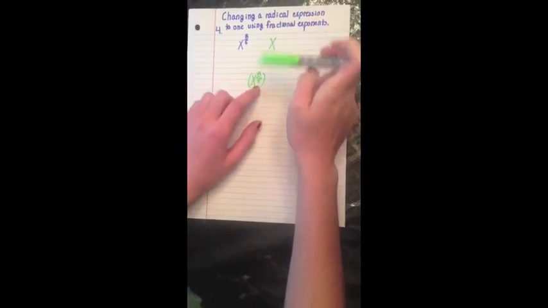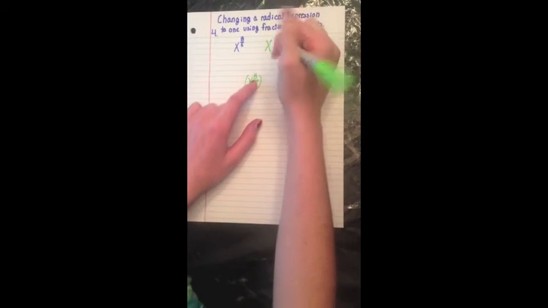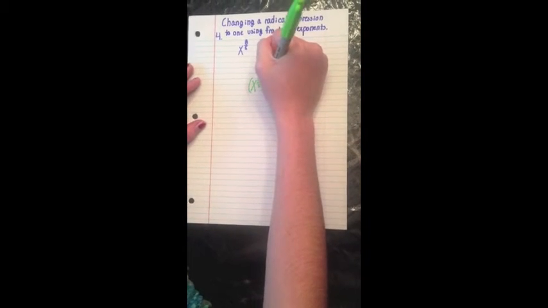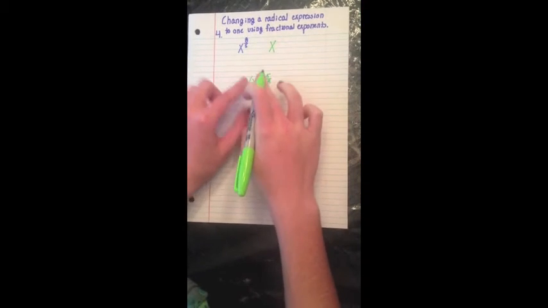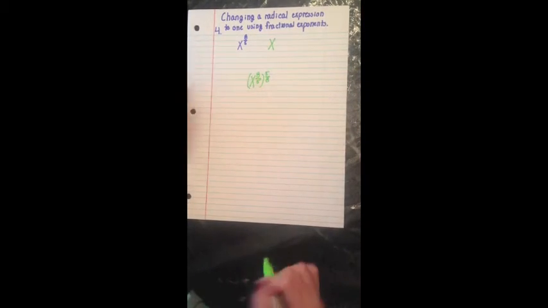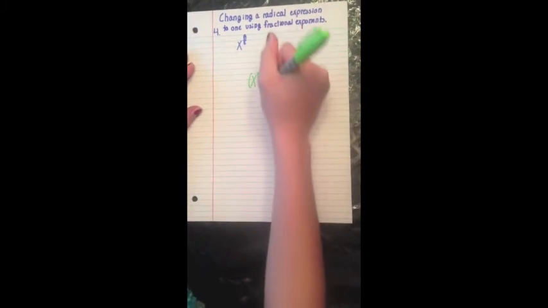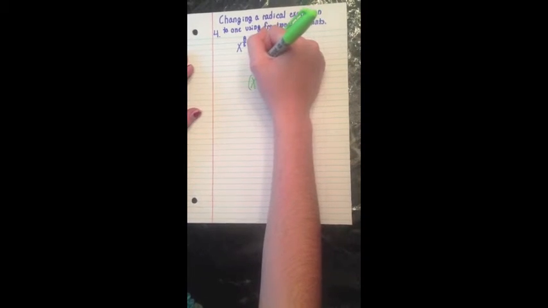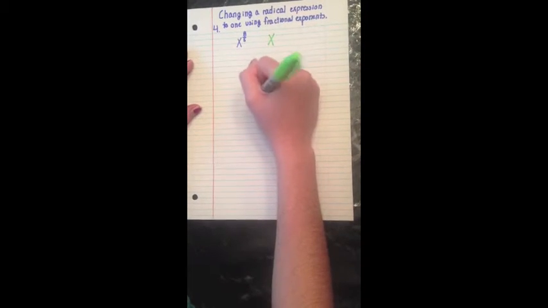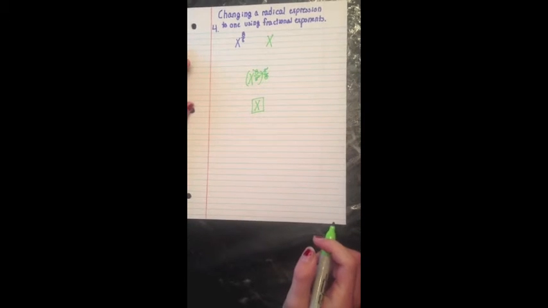It's simple. You would just do the reverse of 8 fifths, which is 5/8, and you raise that quantity to that. Okay? So that cancels out, and you're left with x.